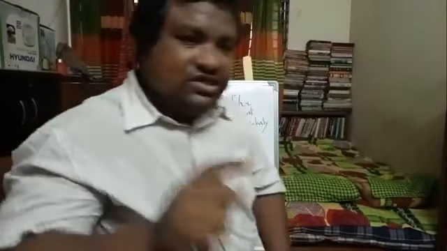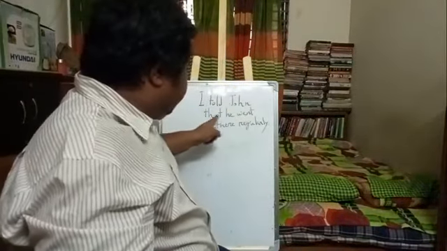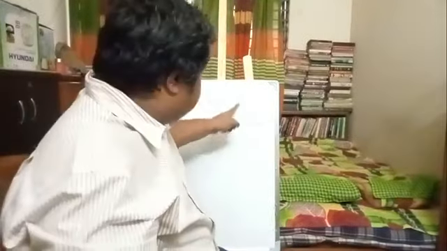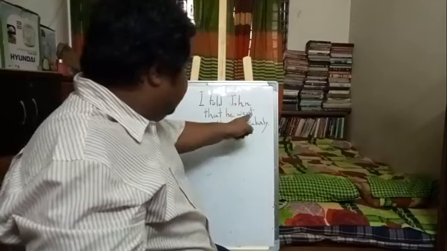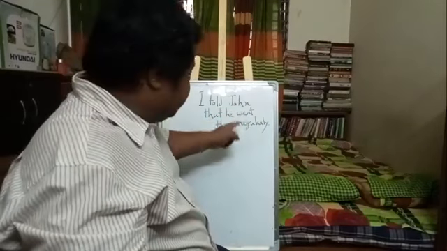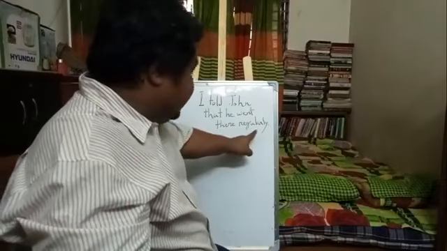Why? Because the you is actually referring to whom? The you is actually referring to John. So I am saying that I told John that he, this you will be changed into he, because you is actually referring to John. He come. The come is changed into go. Here is changed into there regularly.